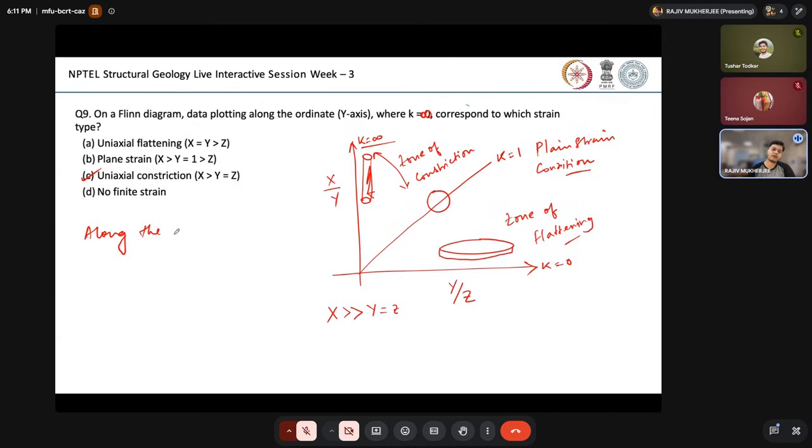So along the ordinate, y-axis of the Flynn diagram. So we are talking about the y-axis of the Flynn diagram, not this y, which is the principal axis of strain. We are talking about the y-axis of the Flynn diagram.